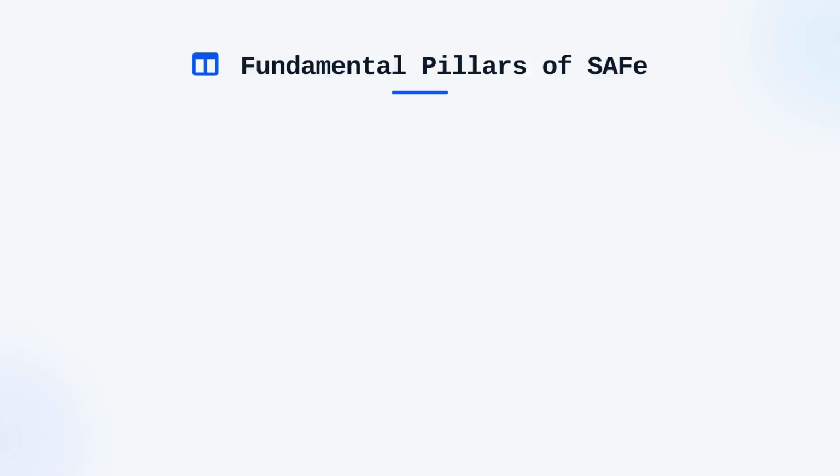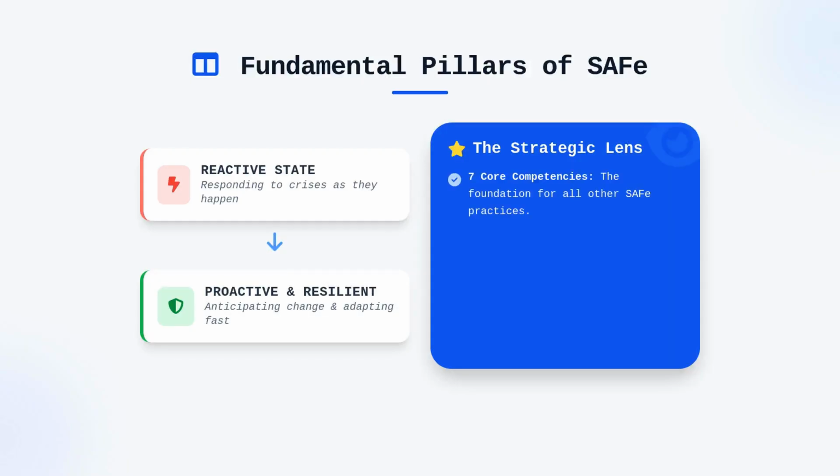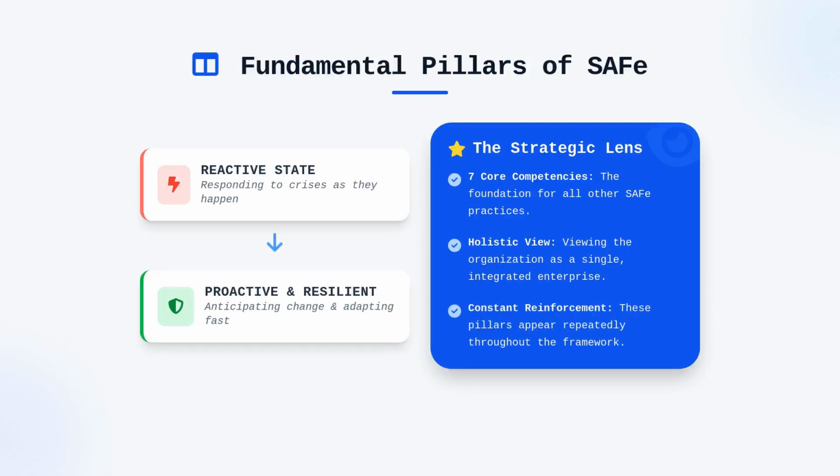Understanding these fundamental pillars allows an organization to transition from a reactive state to a proactive, resilient posture. You will find that these concepts appear repeatedly throughout the framework, reinforcing the necessity of a holistic view of the enterprise. As you move forward, keep these 7 competencies in mind as the lens through which all other SAFe practices are examined.